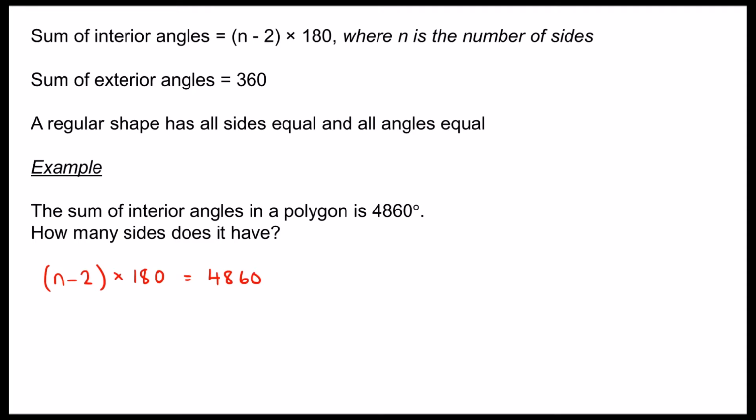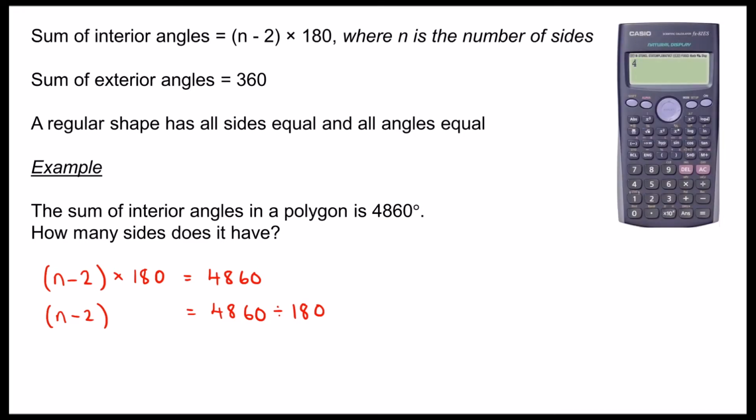Essentially, I want to get n by itself so I can work out the number of sides. Reversing this process, I can say that n - 2 must therefore be equal to 4,860 ÷ 180.